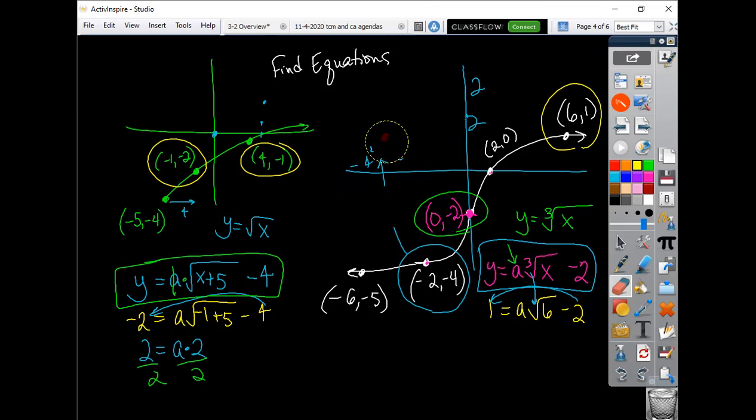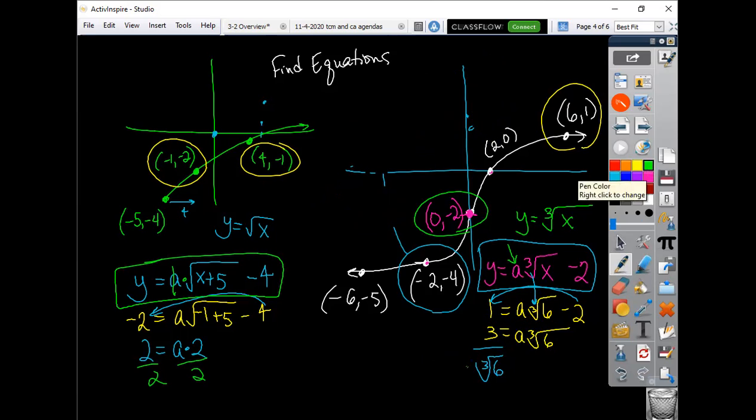Get all this out of here. All right, let's put that cube root back in here where it was supposed to be. So again, added 2 over to this side was 3. And divide by the cube root is 6. Now, in order to get that into a plain number, I need 2 more 6's here. Could change it into rational exponents and work with fraction exponents as well there.